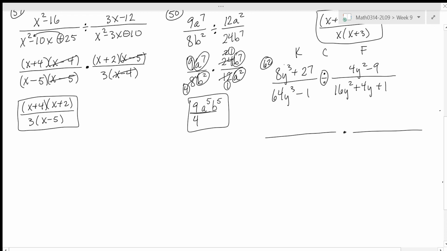So what three things make 8y to the third? 2y? 2y, 2y, and 2y, right? And then what three things make 27? Remember, it's got to be three of a kind if it's a cube. Are y'all okay with that? 2y, 2y, 2y makes 8y to the third. 3 times 3 times 3 makes 27.